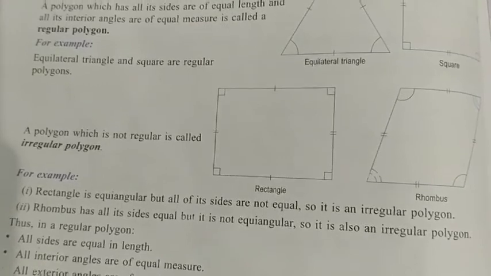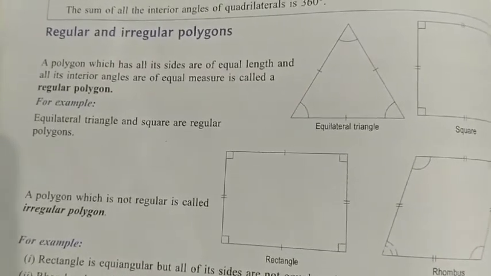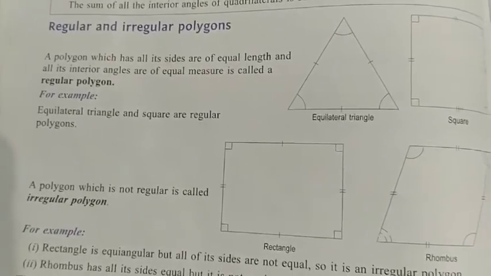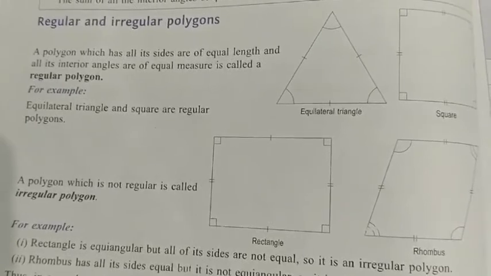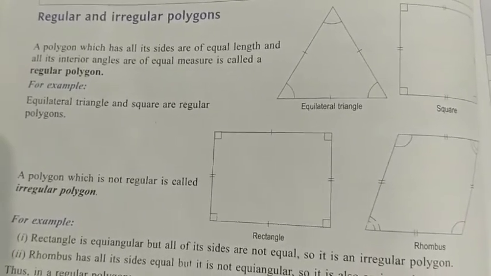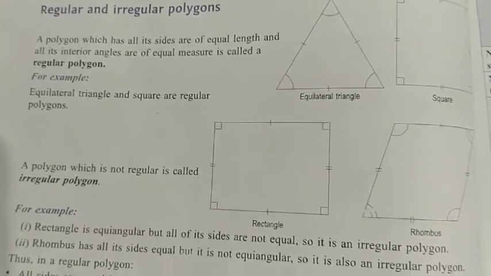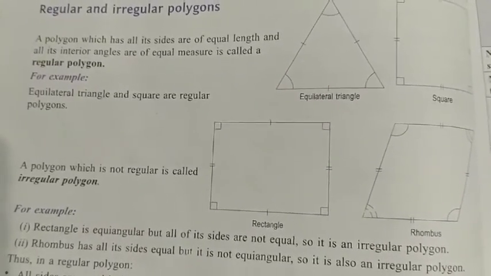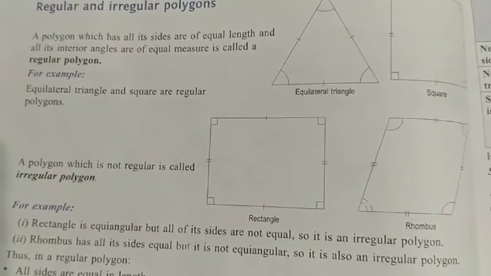Okay, so I hope all of you understood what regular polygons and irregular polygons are. In regular polygons, all sides and all angles are equal in measure, and an irregular polygon is a polygon which is not regular.